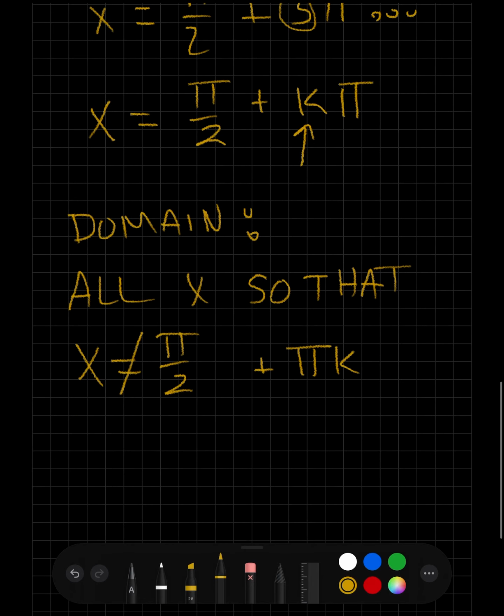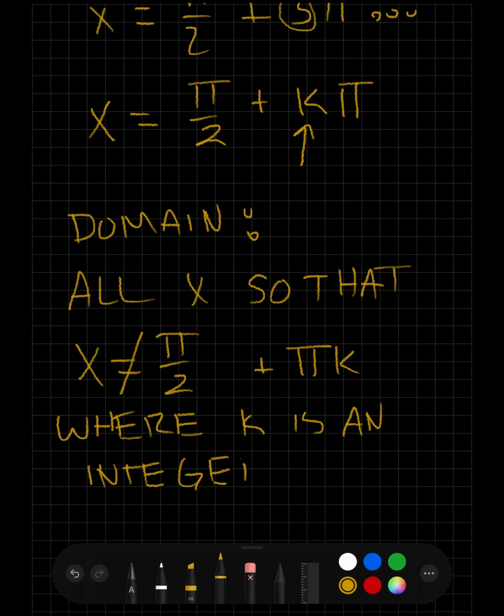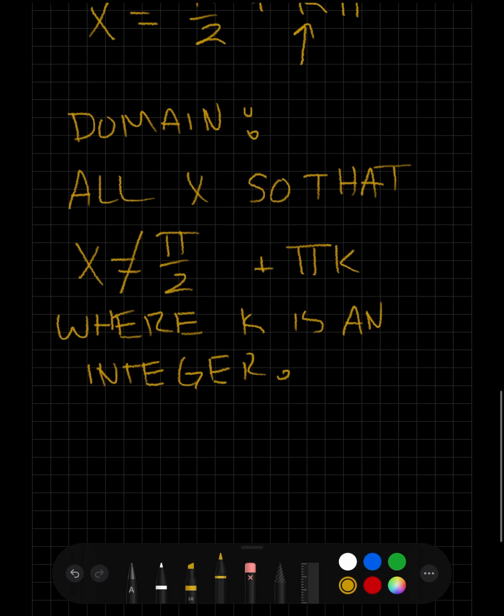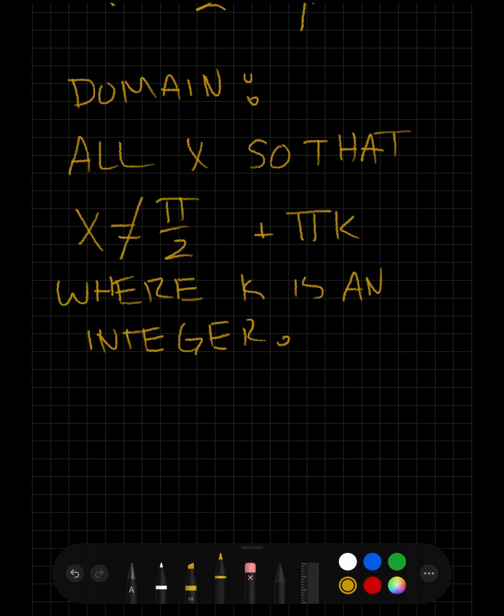And then we usually would tack on there, where k is an integer. That means k is a positive or negative number, but not a fraction. In those examples that we gave before. So that's the domain.